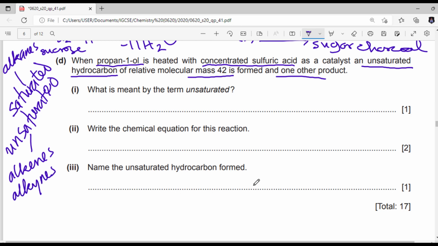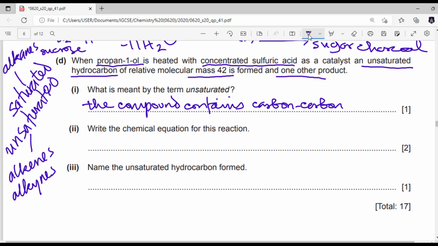Right, so what is meant by the term unsaturated? This means that the compound contains carbon-carbon double or triple bond in its molecule.